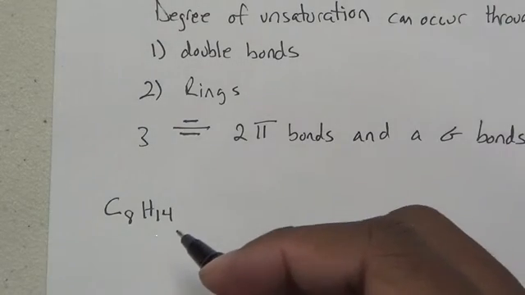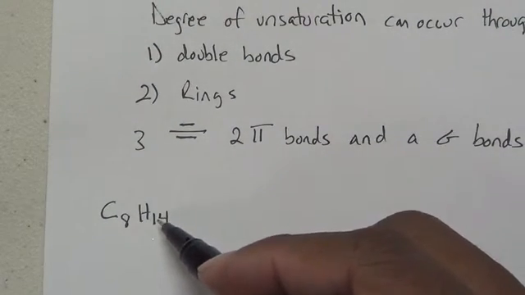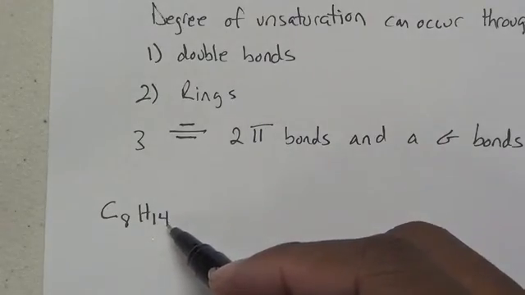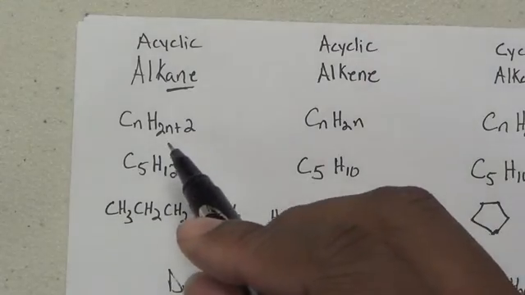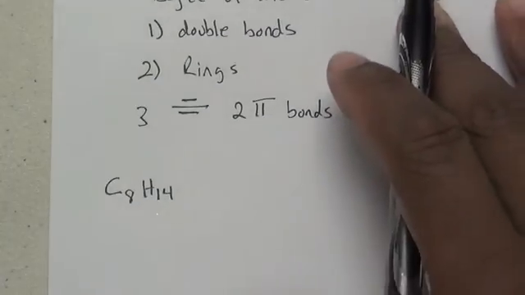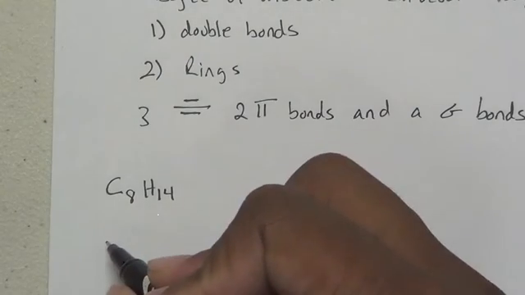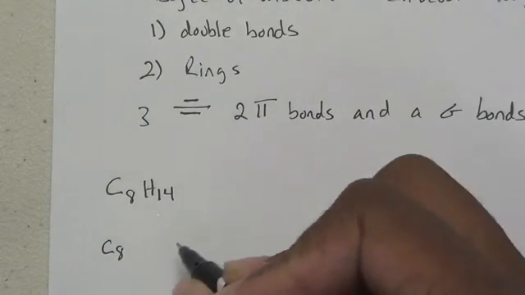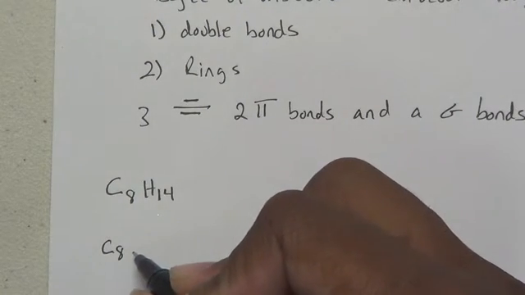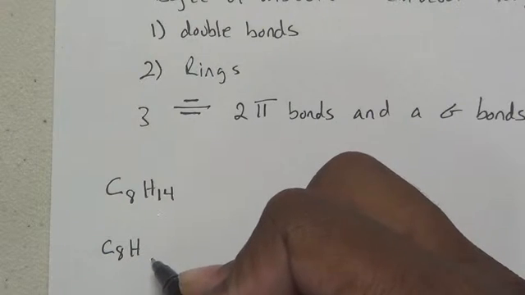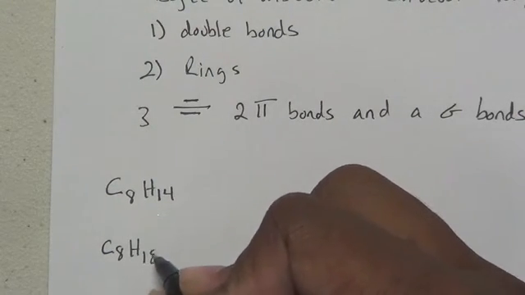Okay, so now what I like to do is see, does it have any degrees of unsaturation in it? To determine that, we look at this acyclic alkane formula and compare it to this formula. If this particular molecule had no degrees of unsaturation, we would plug in C8 into the acyclic alkane formula, and it would be H, 2 times 8 plus 2, which gives us H18.